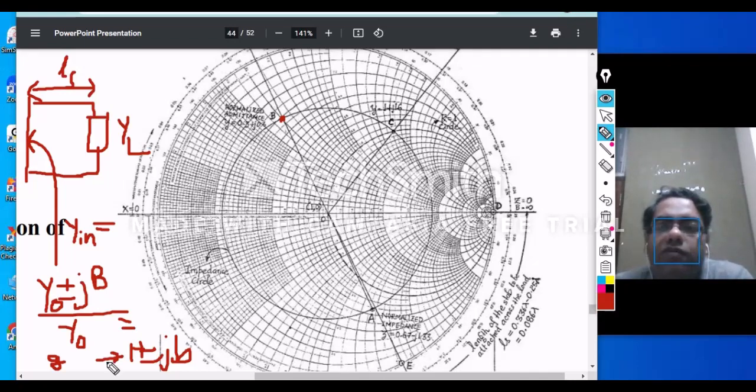So instead of telling R circle, we will say G circle. So we have to travel away from the load to that point where the admittance is of the form 1 ± jB. That is our next task, which we will see in the next lecture.